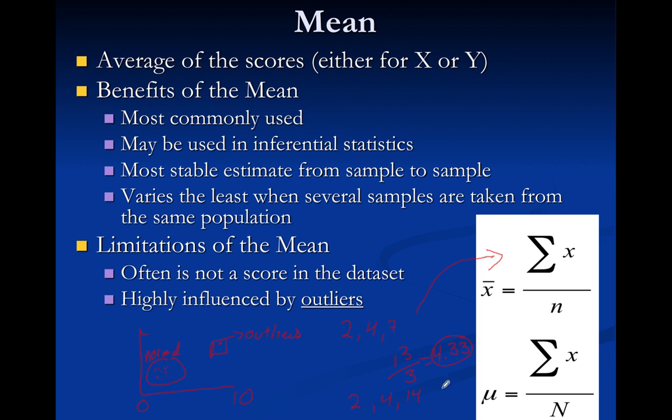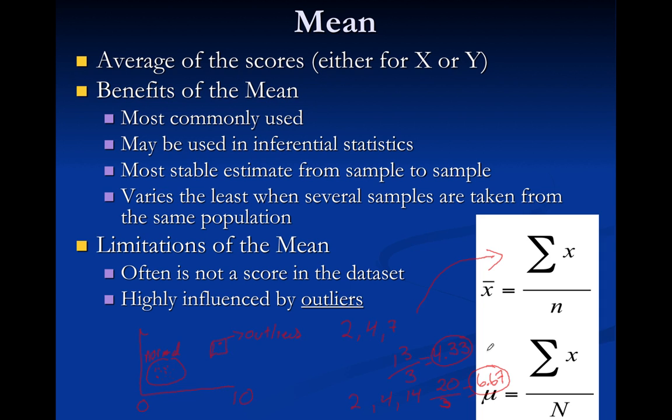Now my sum of x becomes 20. 20 divided by 3 now gives me an average of 6.67. And you guys can round off to the second decimal point and that'll be okay.